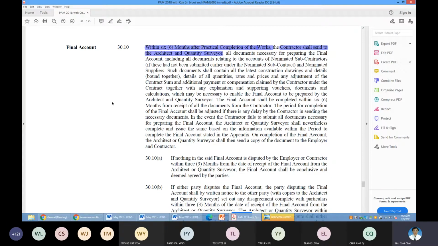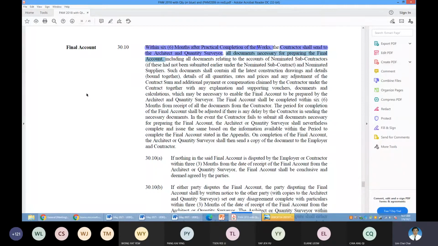Okay, so please remember, a lot of times the contractor reserves their right to claim or the final calculations of their claims around this time. So upon receiving the practical completion certificate, they will throw you a time bomb here to the architect and the QS. All their figures that were previously not claimed, they put to the QS and the architect to evaluate now. So they need to do it within 6 months.